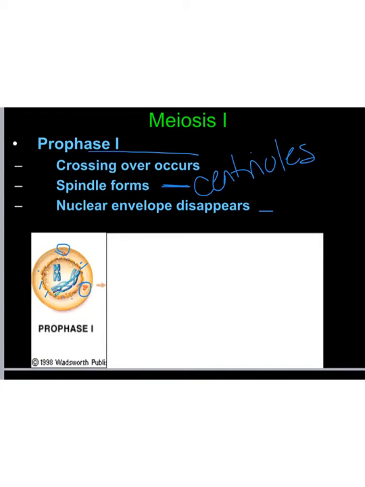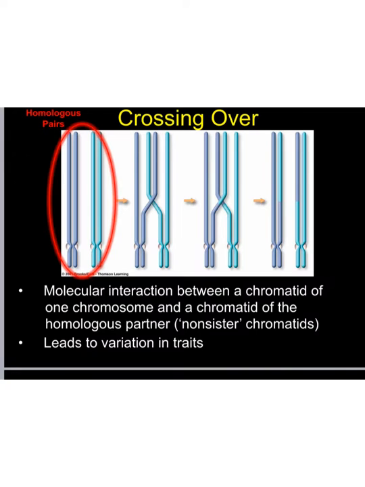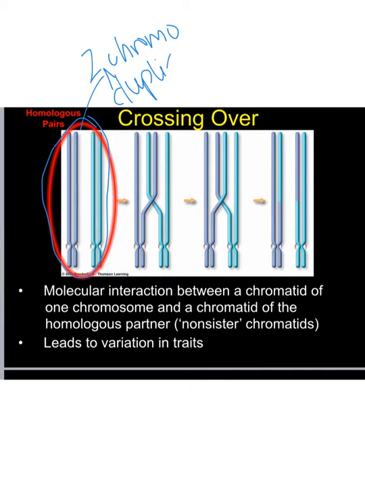One thing that is unique to meiosis 1 that we did not see in mitosis is something called crossing over. So if we're going to look more specifically at crossing over, here we have a homologous pair of chromosomes. Remember, this is 2 chromosomes, and they are duplicated.